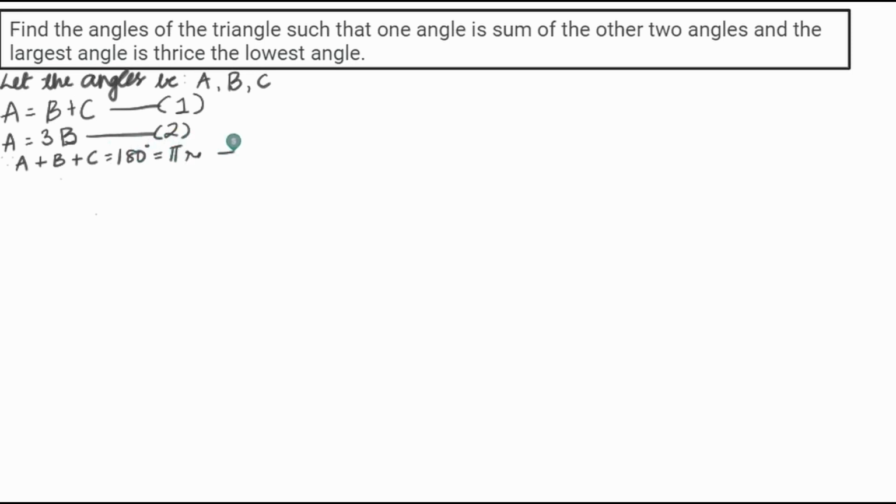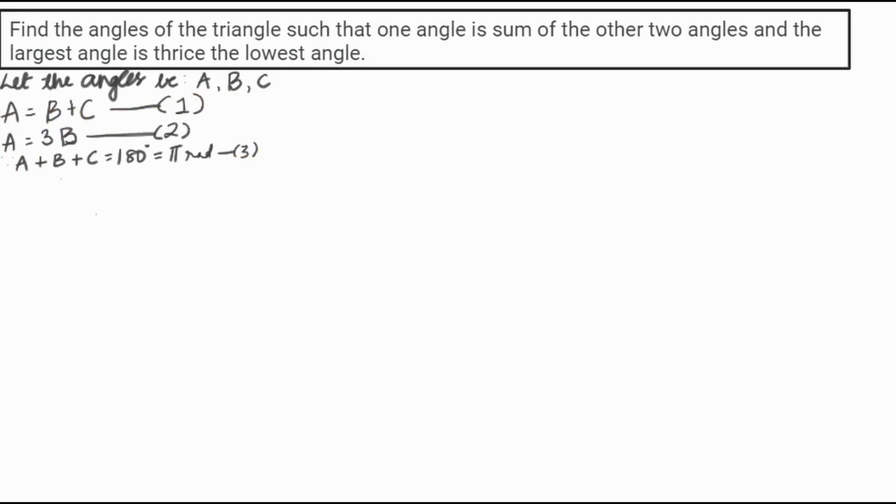Let this be equation 3. So when we look at these three equations, we can see that when we use equation 1 in equation 3, we can find the value of A.